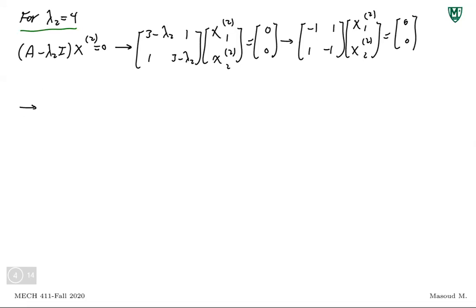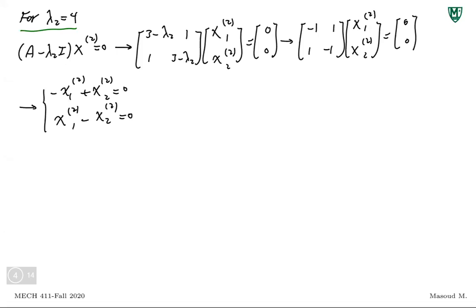Write it in the form of 2 equations. First row multiplied by the column gives you the first equation: minus x2,1 plus x2,2 is equal to 0. And the second one gives you x2,1 minus x2,2 is equal to 0.